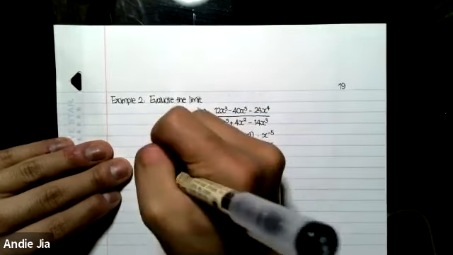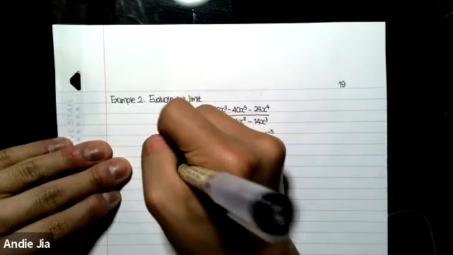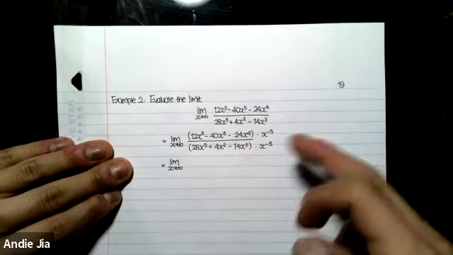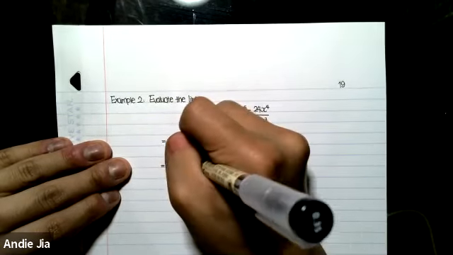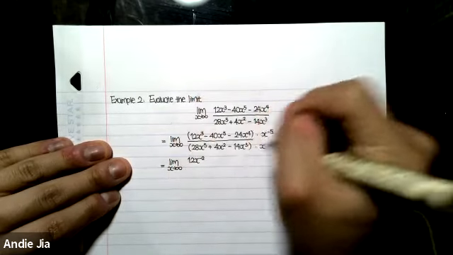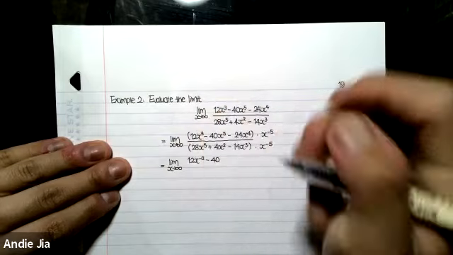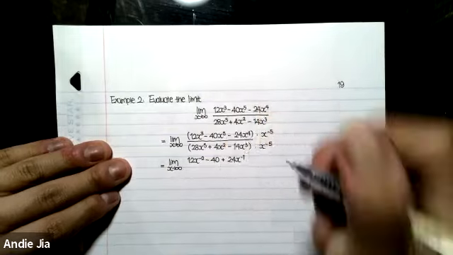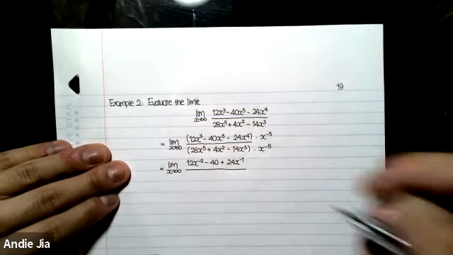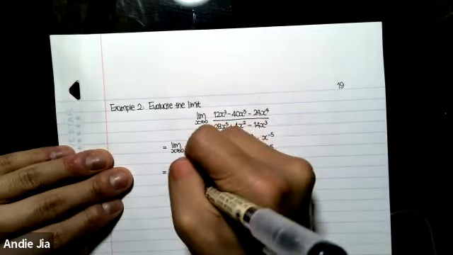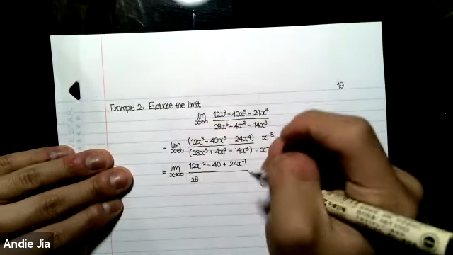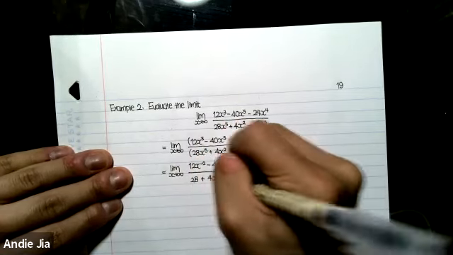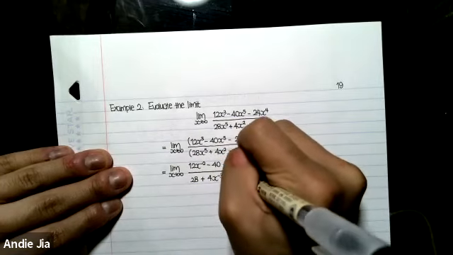We rewrite the limit as the limit as x approaches infinity of 12x to the negative 2 power minus 40, plus 24x to the negative 1, over 28, plus 4 times x to the negative 3, minus 14x to the negative 2.